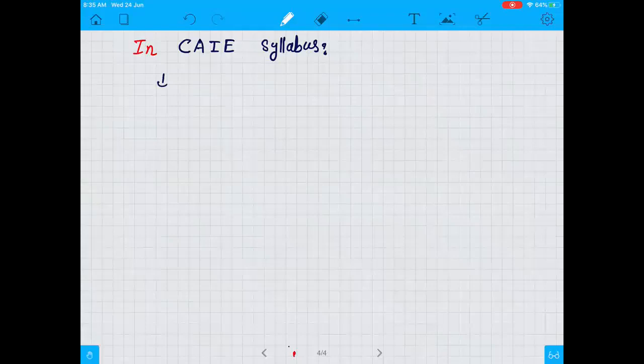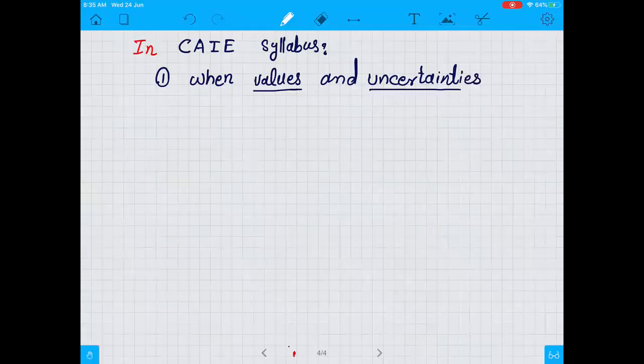Number one, when values and uncertainties both are given.